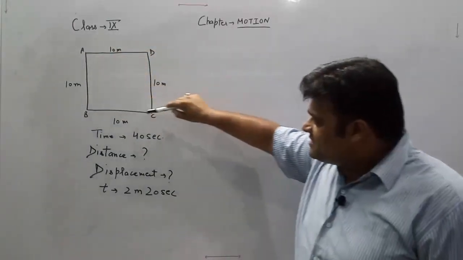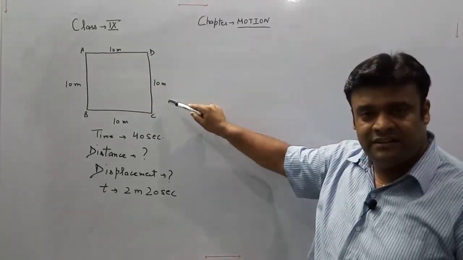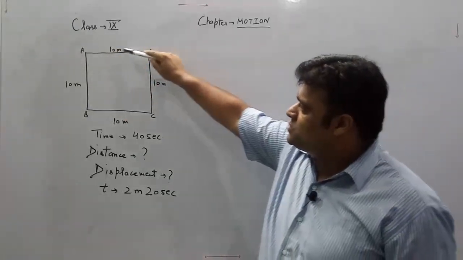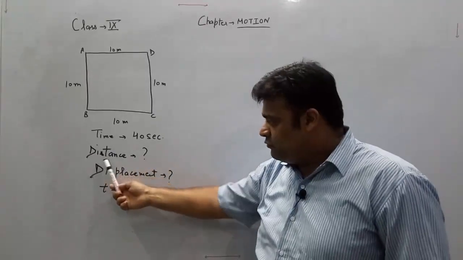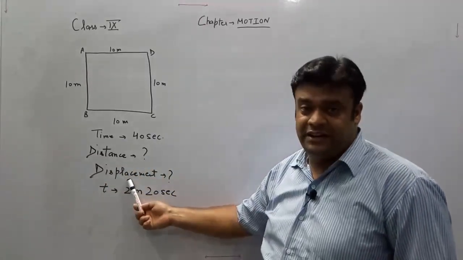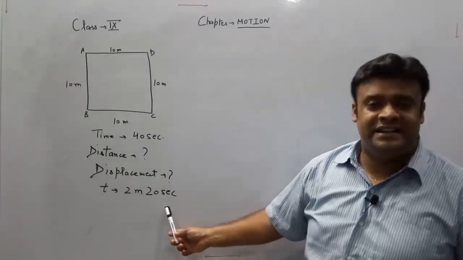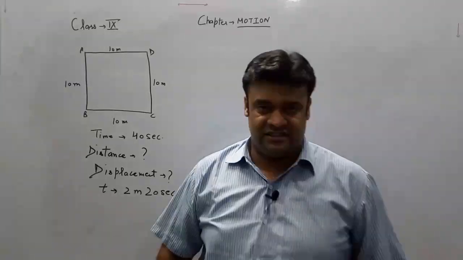A square field is given to you. The side of the square field is 10 meters, and the person covers one complete round of the square field in 40 seconds. We have to find the distance and displacement of that person after 2 minutes and 20 seconds. First we will start with the condition of distance.